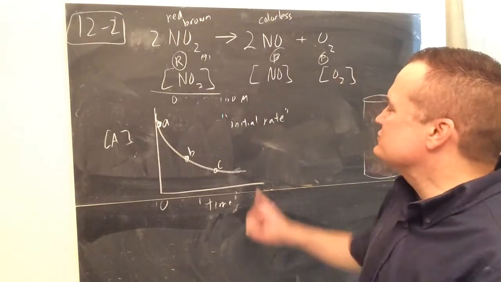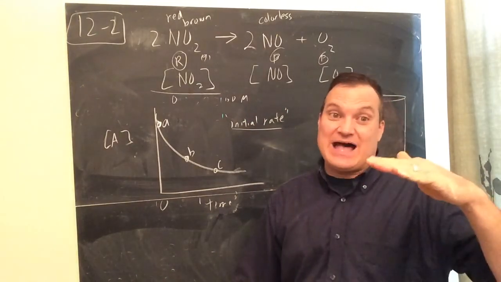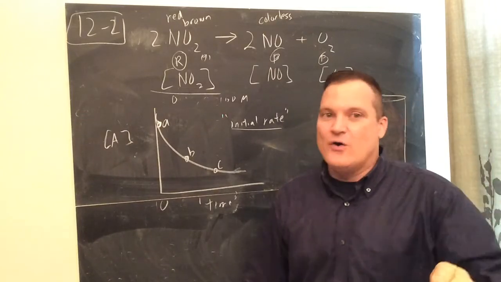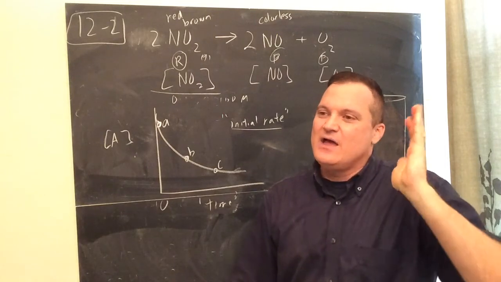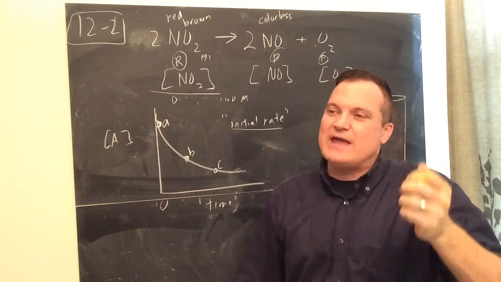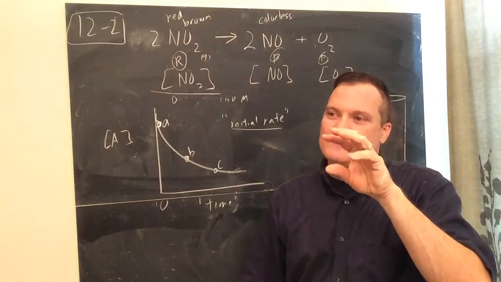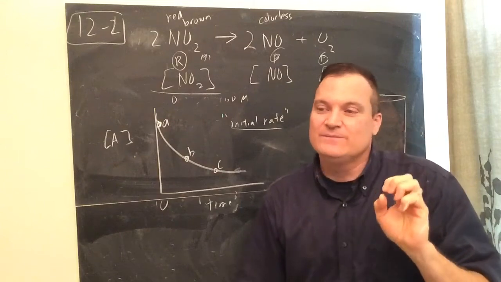Okay, initial rate. Well, when you start a chemical reaction, obviously at time 0, nothing's happened yet. You start, ready, set, go, and maybe you have to heat this up a little bit to start the reaction. The initial rate is when you first decide to measure something happening. Sometimes there's a color change, and you can detect a change in the color.